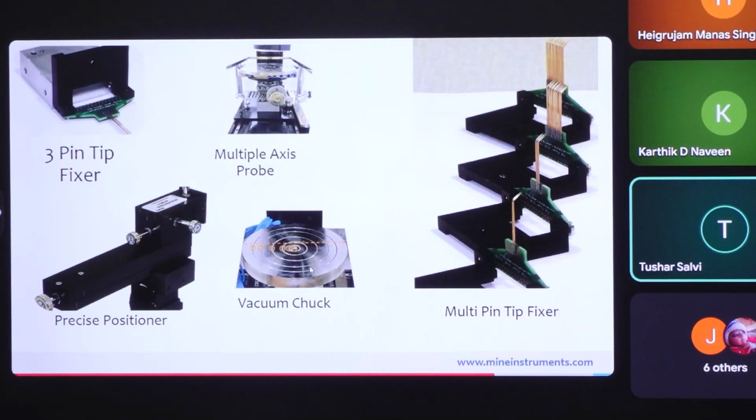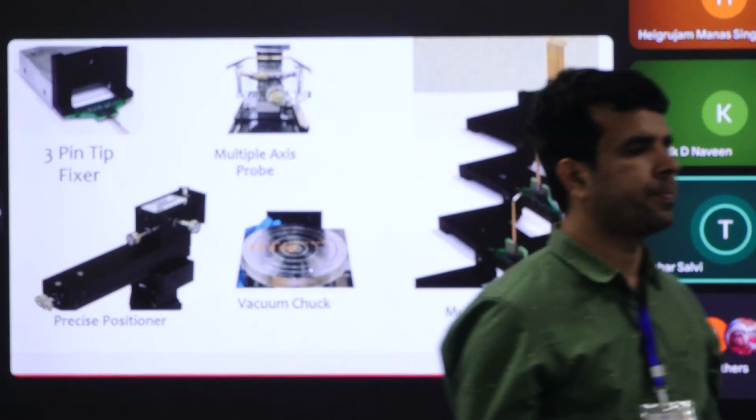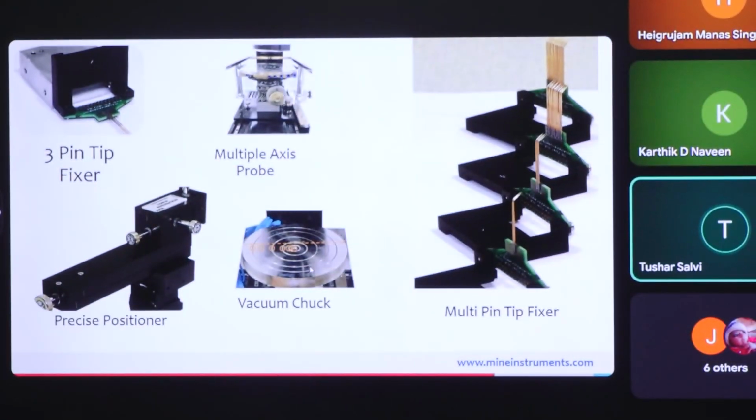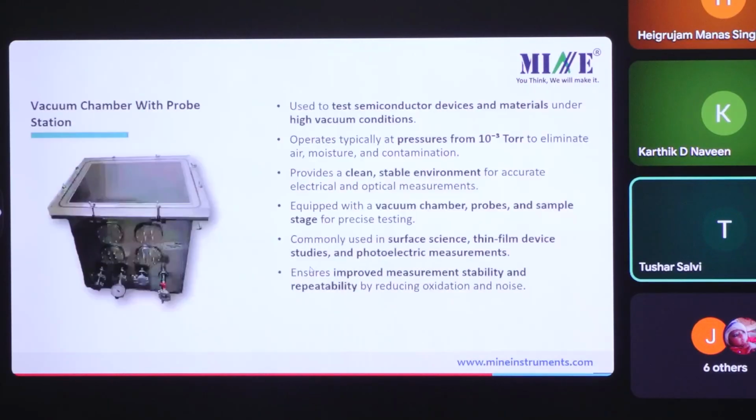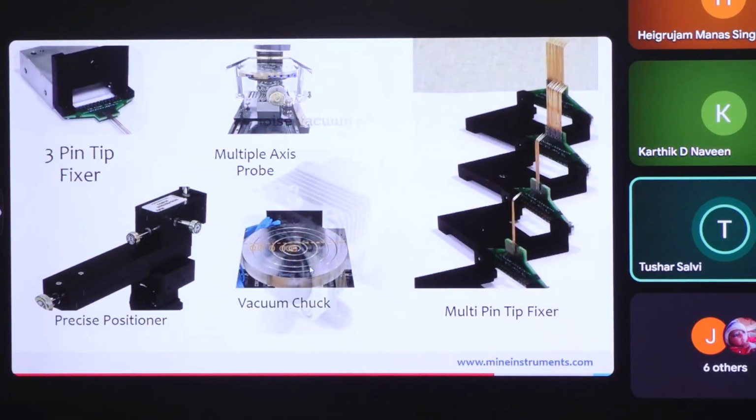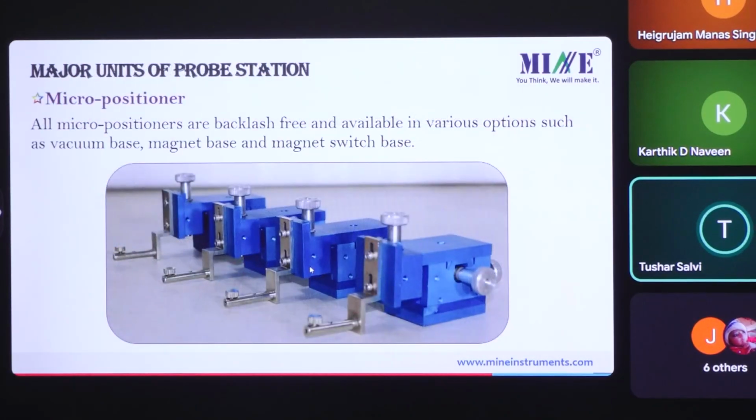Sir, this part is not from the mechanical side. If you are from the electrical or electronics domain, here you can see that we have different types of tip fixtures. Suppose you are talking about the micro positioners; they have stands for tip holding. These are called tip holders.